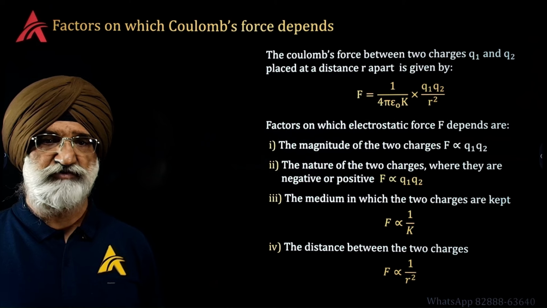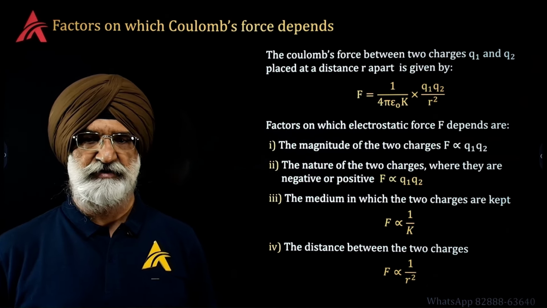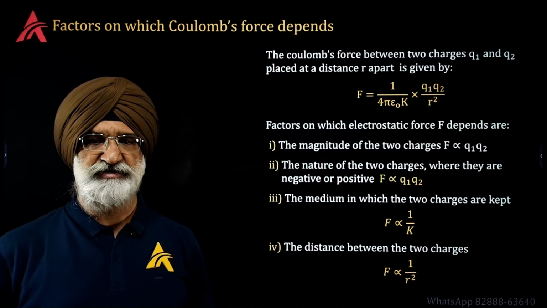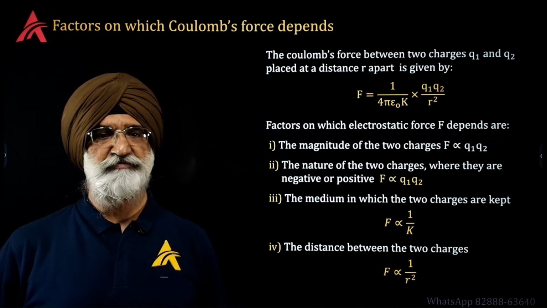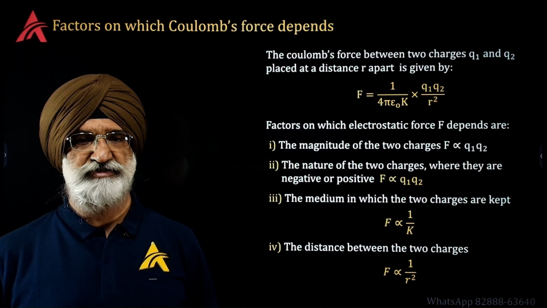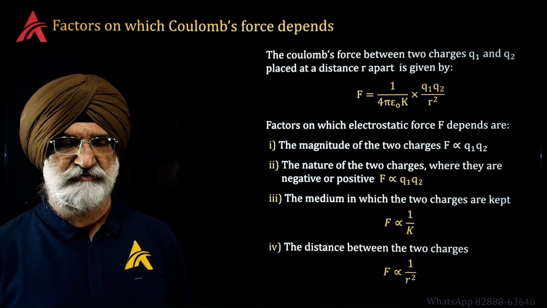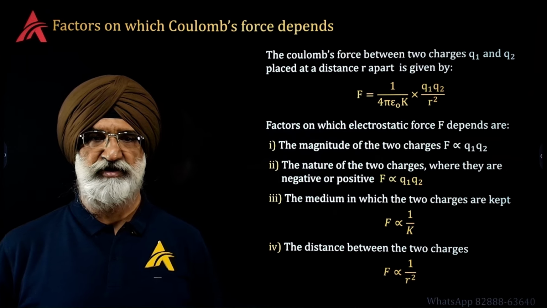The electrostatic force is inversely proportional to the dielectric constant of that medium. Last but not the least, the electrostatic force between two charges is inversely proportional to the square of the distance between them. F is inversely proportional to 1 upon r square. This expression is also known as the inverse square law.